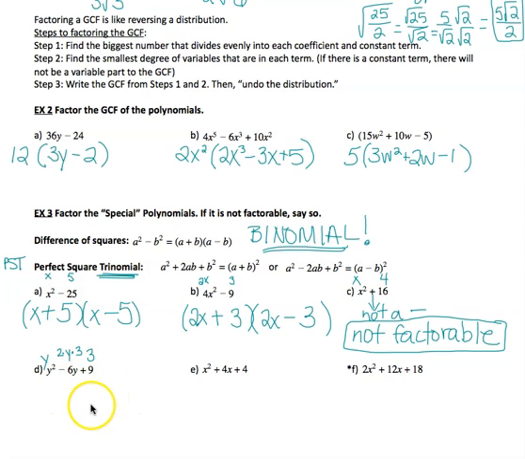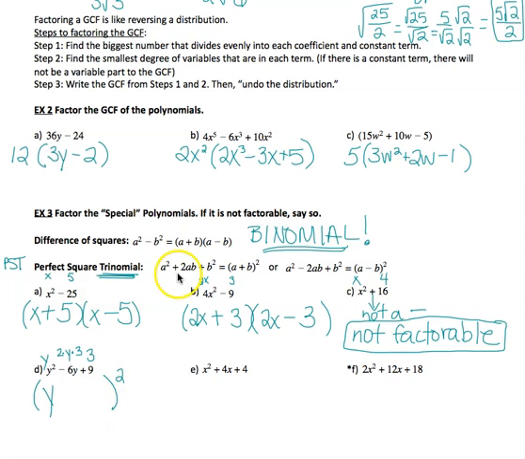Once you've checked it out and said, sure does fit the pattern, then I'm going to go ahead and look at what my factored form should look like. Notice it's a single parenthesis with a squared on the end. The square root of the front goes in the front, so that would be a y.